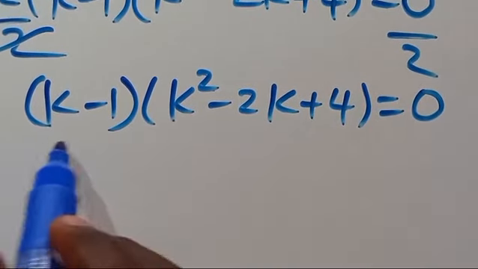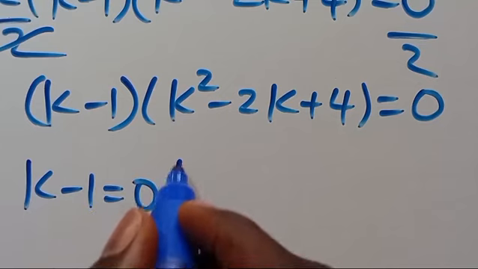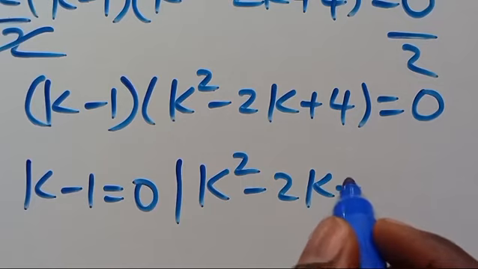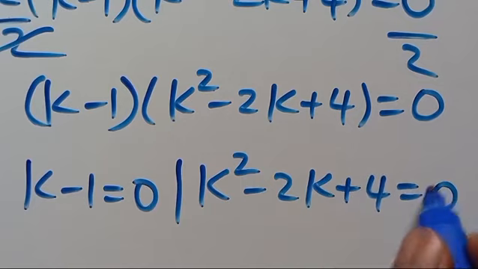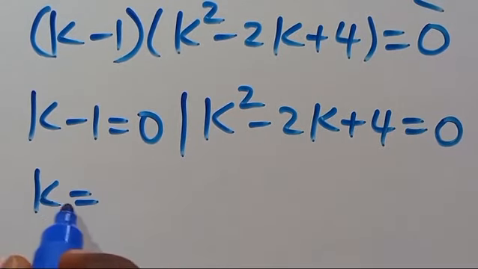So for this expression to be equal to 0, either k minus 1 equals 0, or k² minus 2k plus 4 equals 0. Then from here we have k equals 1.